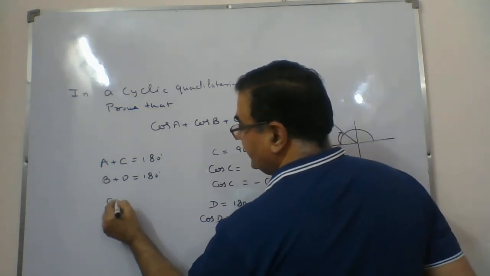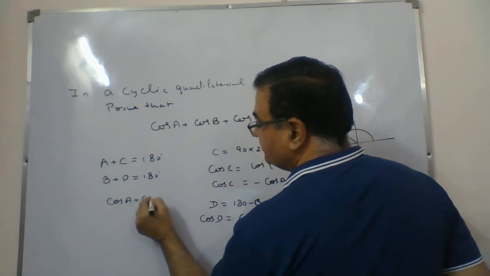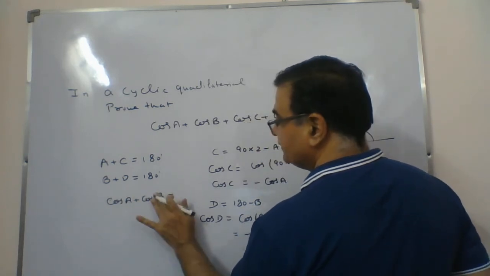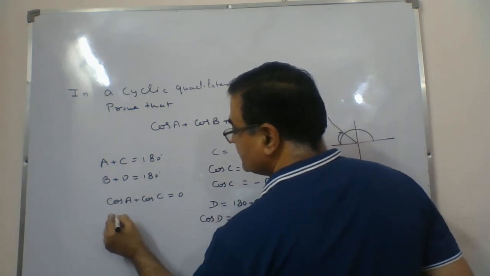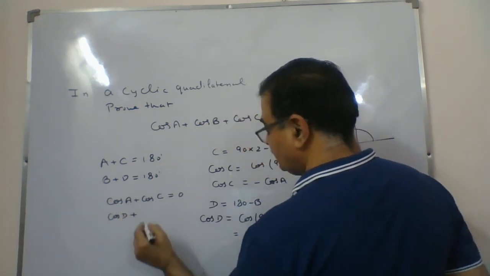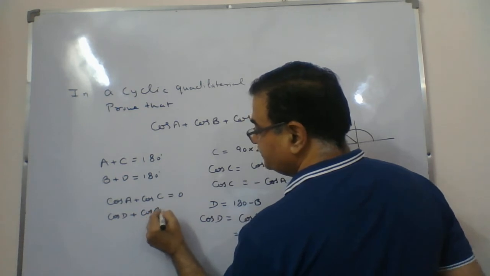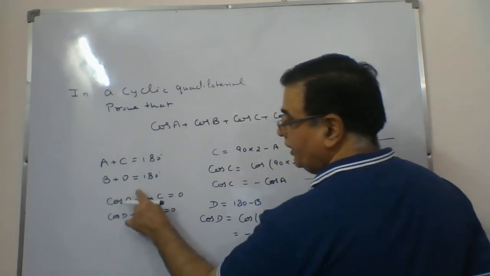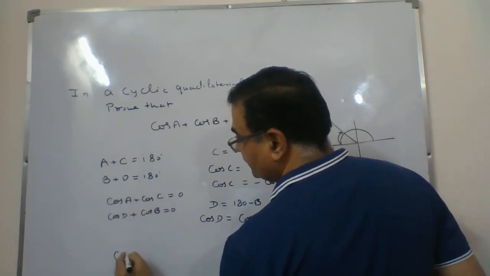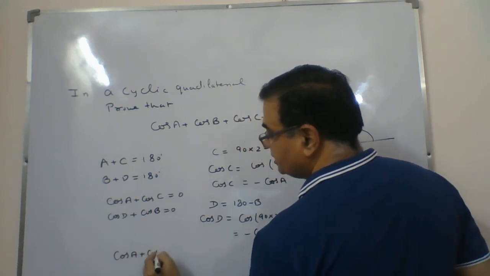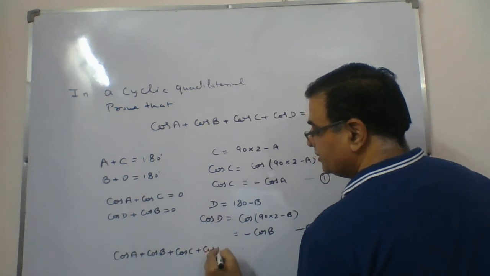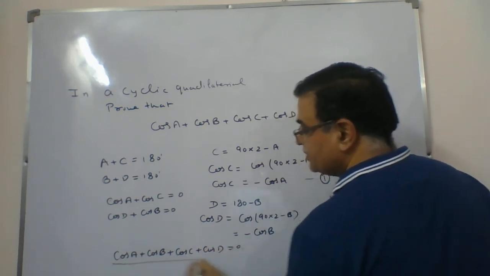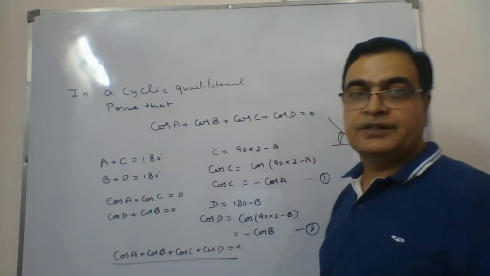From equation 1, I get cos A plus cos C is 0, and from this I get cos D plus cos B comes out to be 0. Now when you add the two, I got cos A plus cos B plus cos C plus cos D comes out to be 0. This is the result we have.